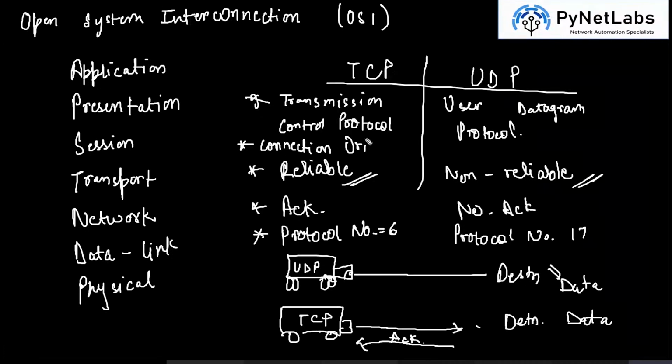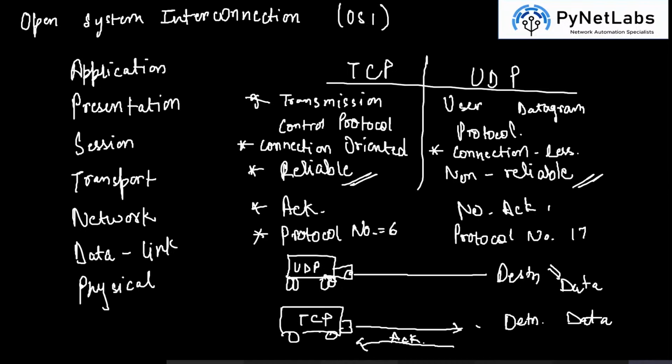However, when we talk about UDP, it is connectionless. So it doesn't care about creating connections. Make sense? UDP is non-reliable because it doesn't care about any acknowledgement. You are not sure whether your data was delivered successfully or not.